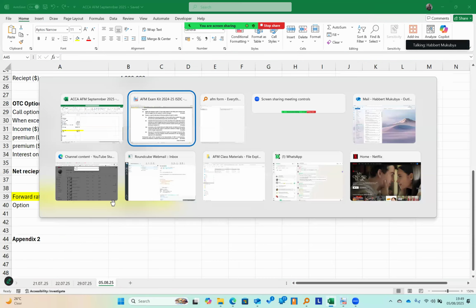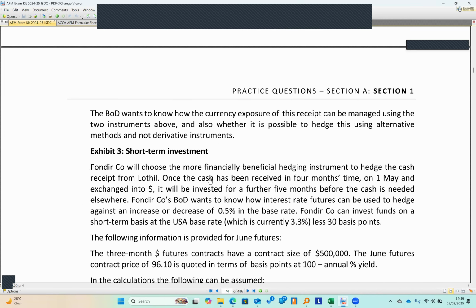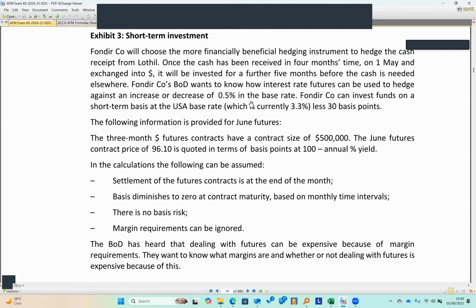For appendix 2, they told us that once the money is received, it is to be invested for another 5 months before you need it elsewhere. So we are trying to hedge for an increase or decrease of 0.5. We can invest on a short-term basis at 3.3% less 30 basis points. And they are telling us information about that.